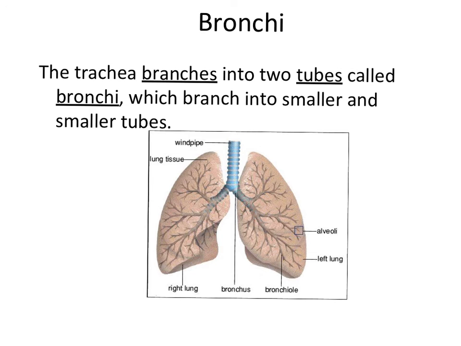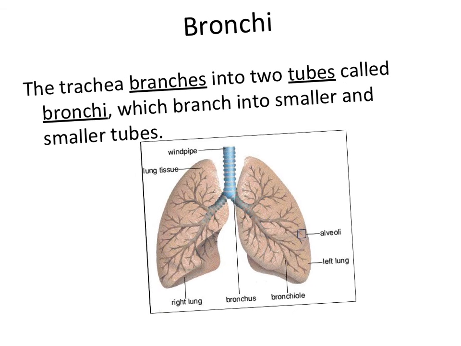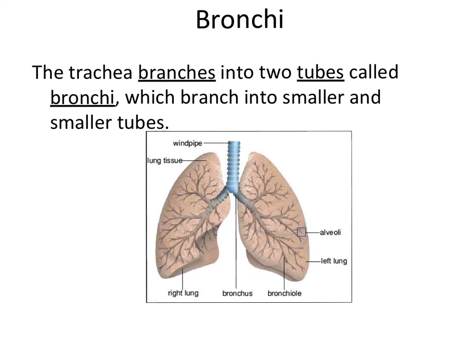Okay, so from the trachea, we are led into the bronchi. Bronchi are these two main structures here. If you're talking about one, you might see it written as bronchus. The bronchus then breaks down into smaller pathways called the bronchioles.